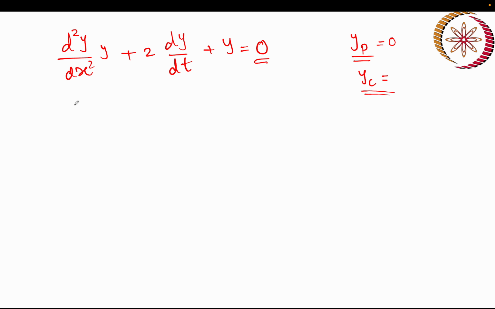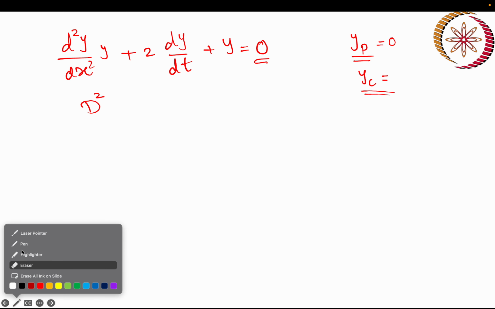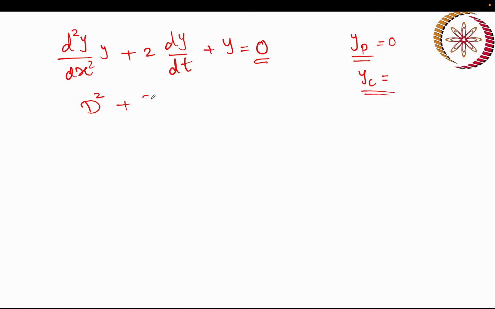So D square, okay, so we'll use this D notation, D square plus 2D plus 1 y is equal to 0, and you can see that (D plus 1) square is equal to 0.